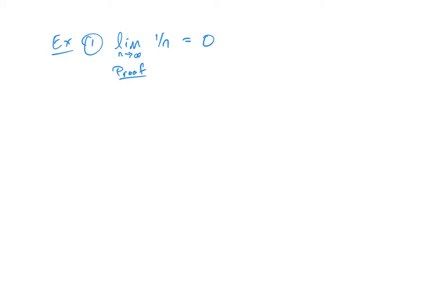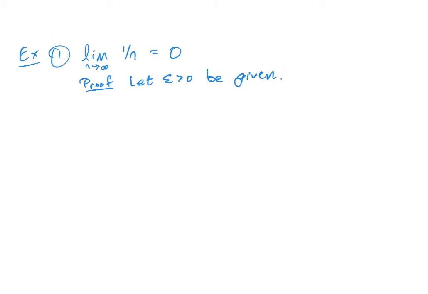Let's start out with a standard limit argument. Let epsilon greater than 0 be given. Now, let's go over here on the side. This is just going to be scratch work. This isn't the proof of the limit.